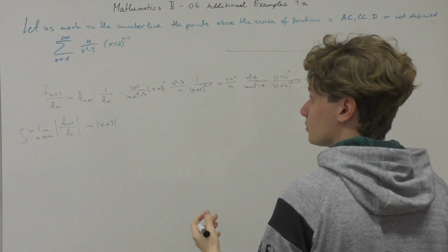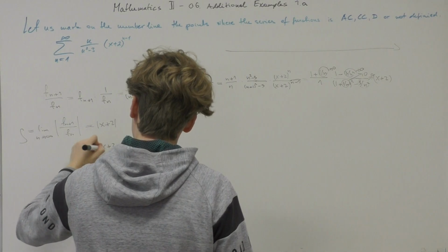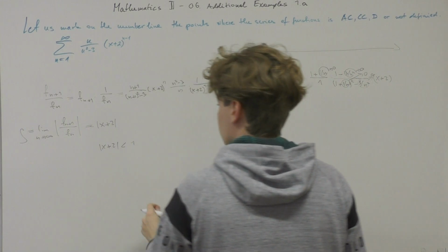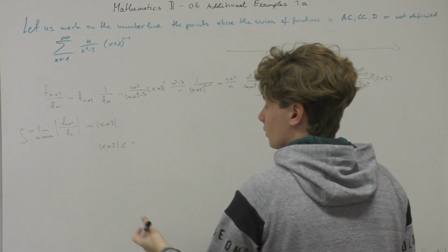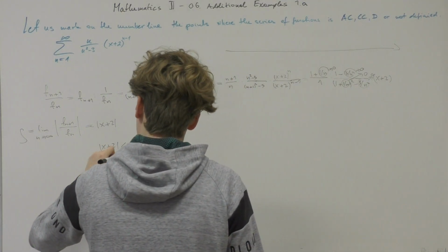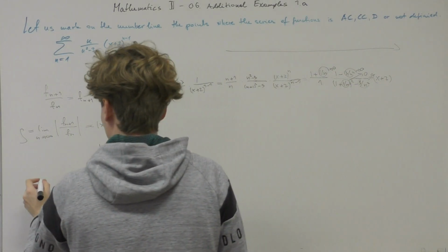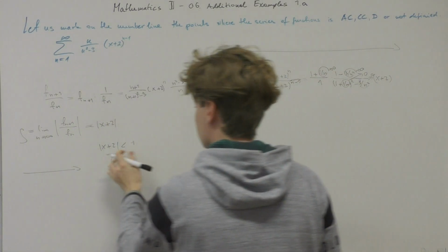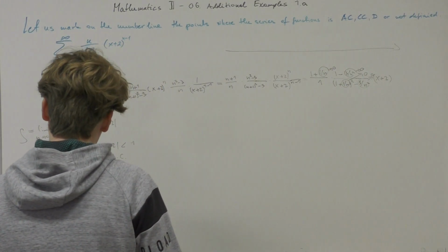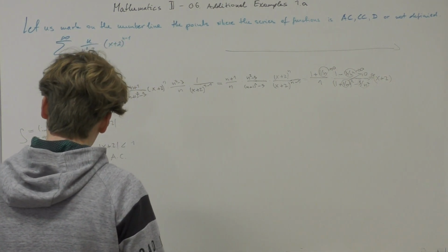Now the test tells us that we need to investigate the case when the absolute value of x plus 2 is smaller than 1, and these will be the points where the series is absolutely convergent. So let's see where these points are. So the absolute value of x plus 2 is smaller than 1. This means that the distance from minus 2 is less than 1.